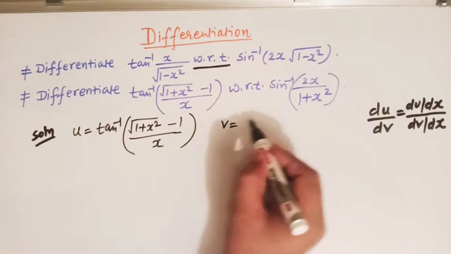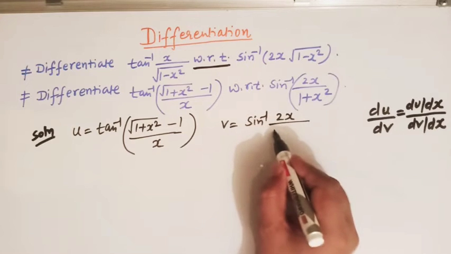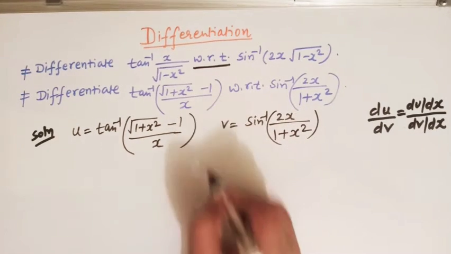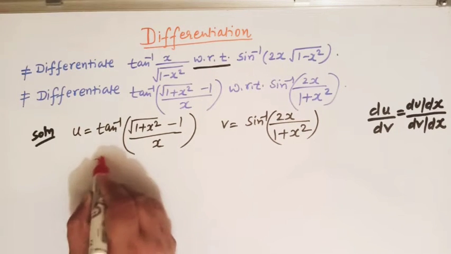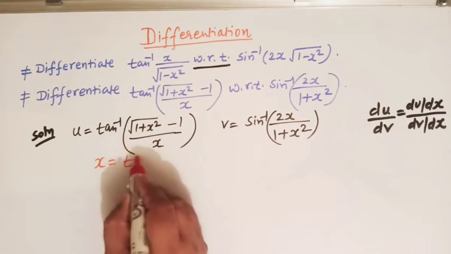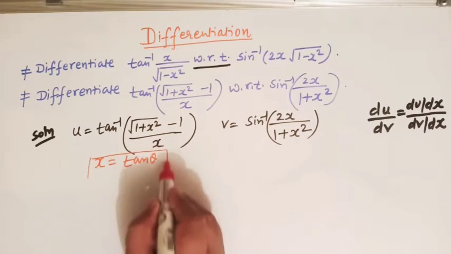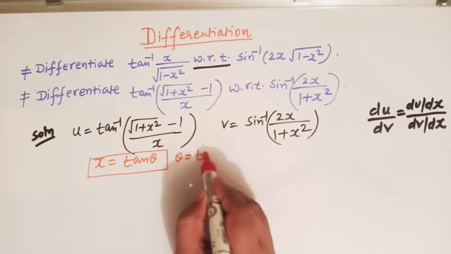And v is equal to sine inverse 2x divided by 1 plus x square. Clear? Okay.